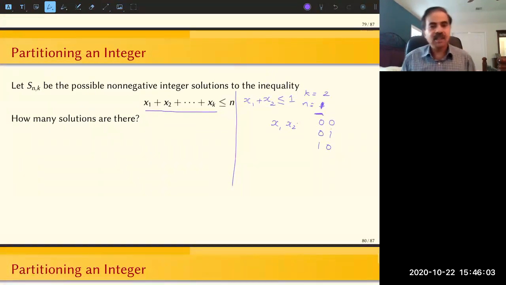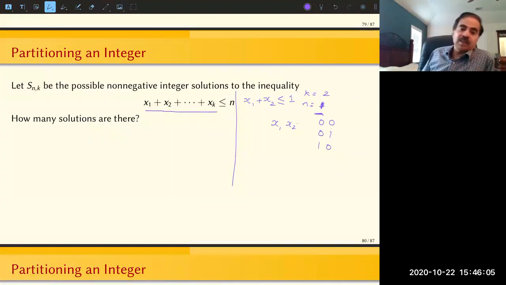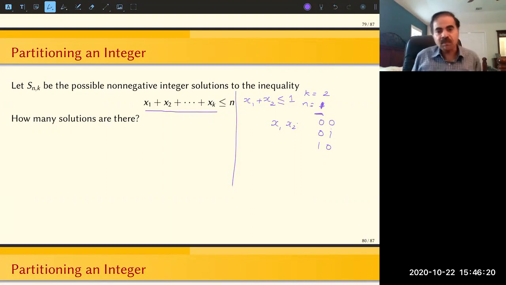So let's take something slightly different. What do we do here if it's less than or equal to n? How do we solve that problem? When you see something like this, you want to think, this problem looks so close to this other problem.